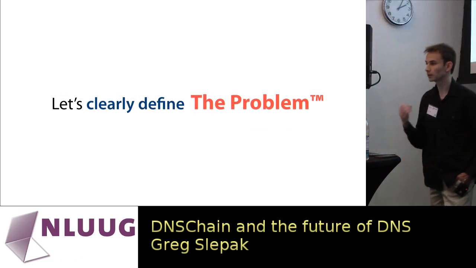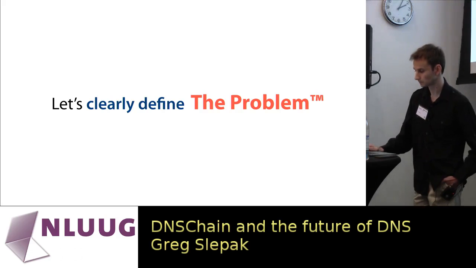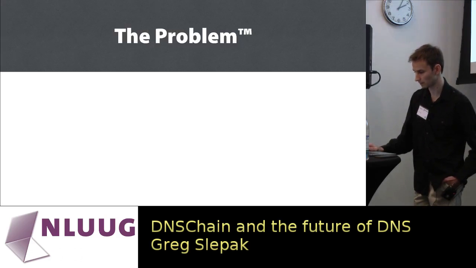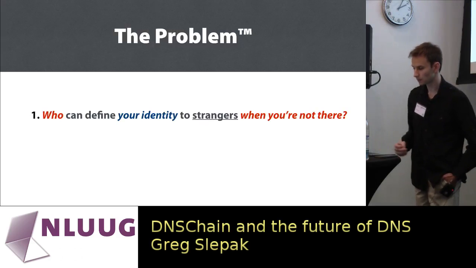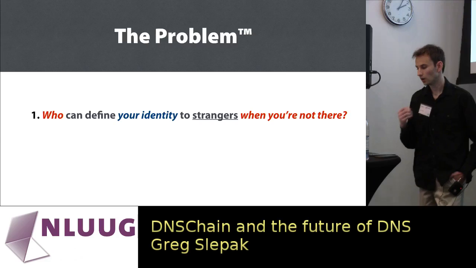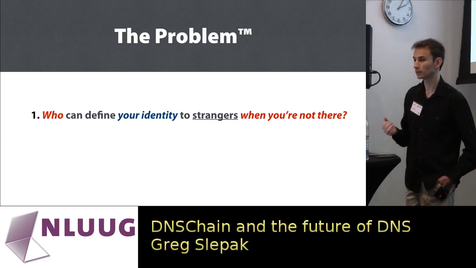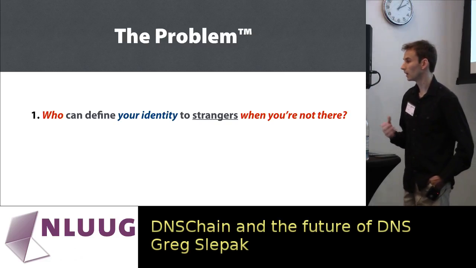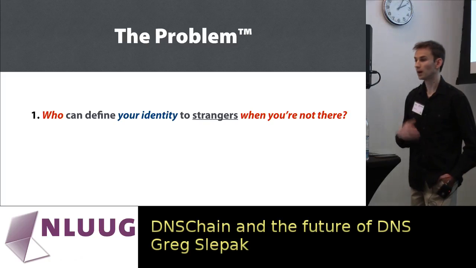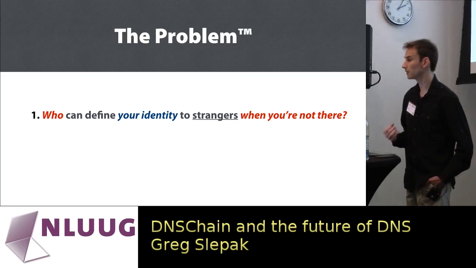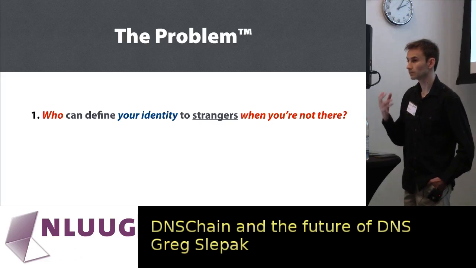So let's try to more clearly define this problem to get a better understanding of what's going on. The basic problem is who can define your identity when you're not there. Remember, in the context of the internet, we need to be able to have online identities, whether it be for individuals or for organizations, whether it be for your handle on a social network or a website domain name.